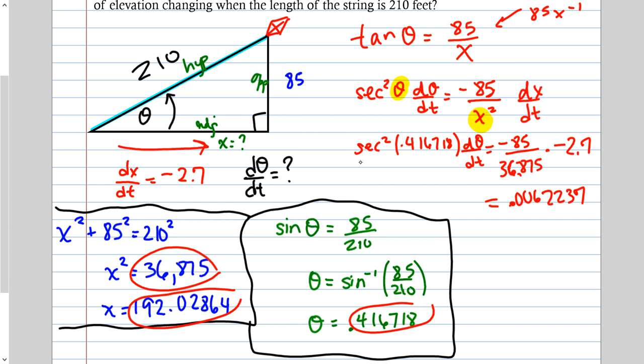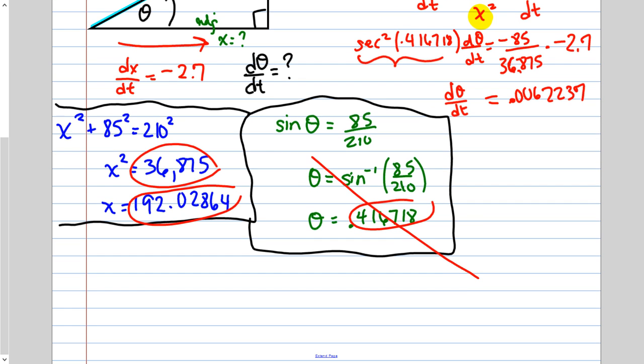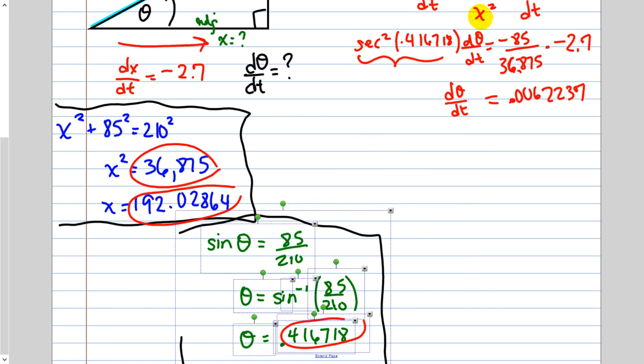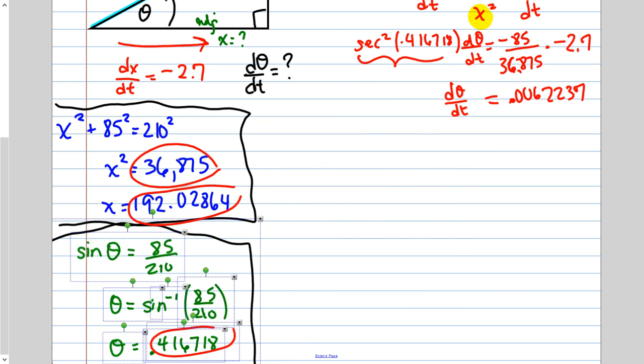And then this comes over here to the other side by dividing or multiplying as cosine. I've run out of space, so let me see what I can move here. Oops, that's not what I meant to do. This is what I meant to do. Okay, so move that over.